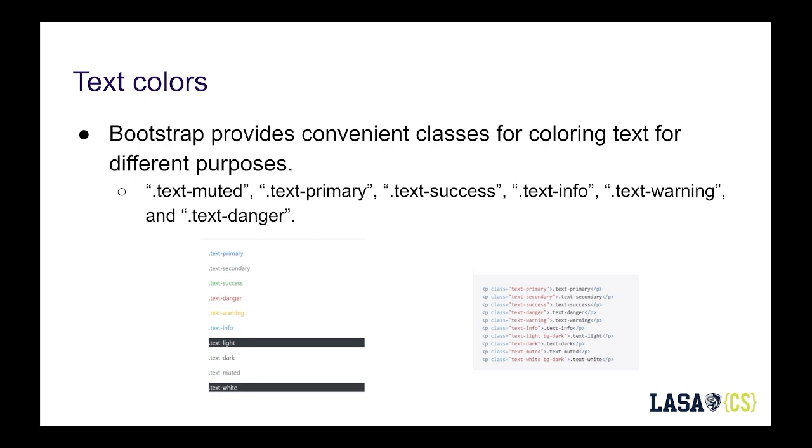Bootstrap has specific classes for coloring text for specific purposes. If you look at the image below, text-primary, like important text, would be highlighted blue, whereas if you assign it a class of text-danger, it would be colored red, because red is normally a dangerous color.